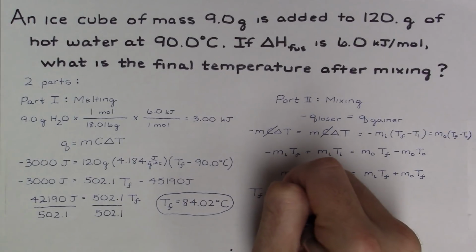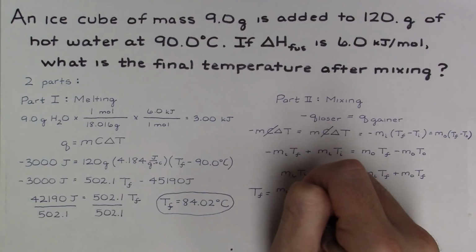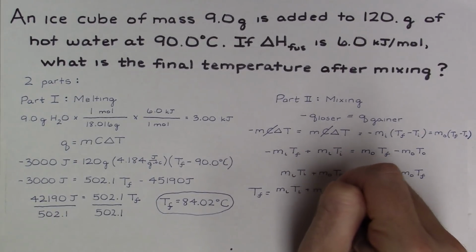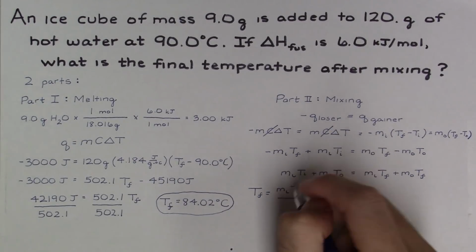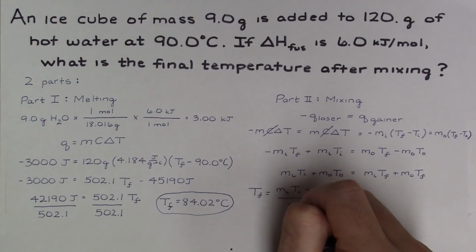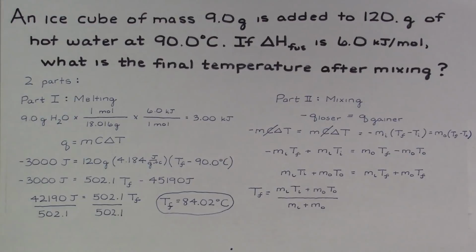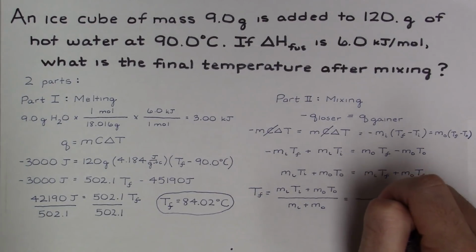TF is going to be equal to everything on the left side of our previous equation. That's MITI plus MOTO. And now we can divide that by the sum of our two masses, Mi plus Mo. Now we must determine what species are our variables.